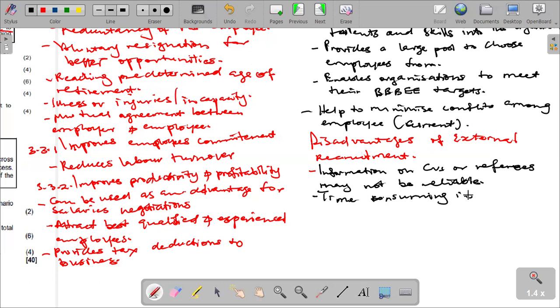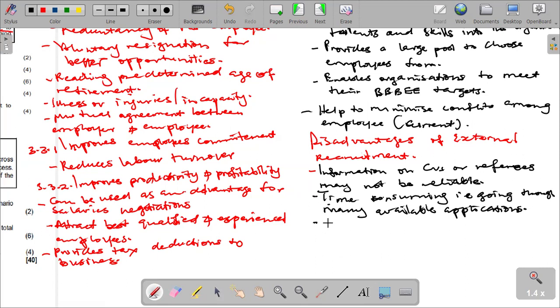That is going through many applications that are available. We are saying it is time consuming, and that can also be a point to talk about.